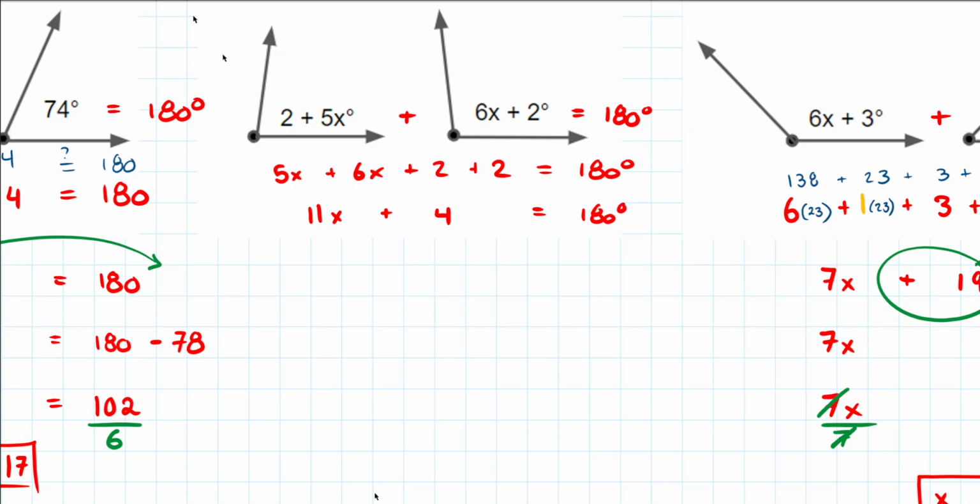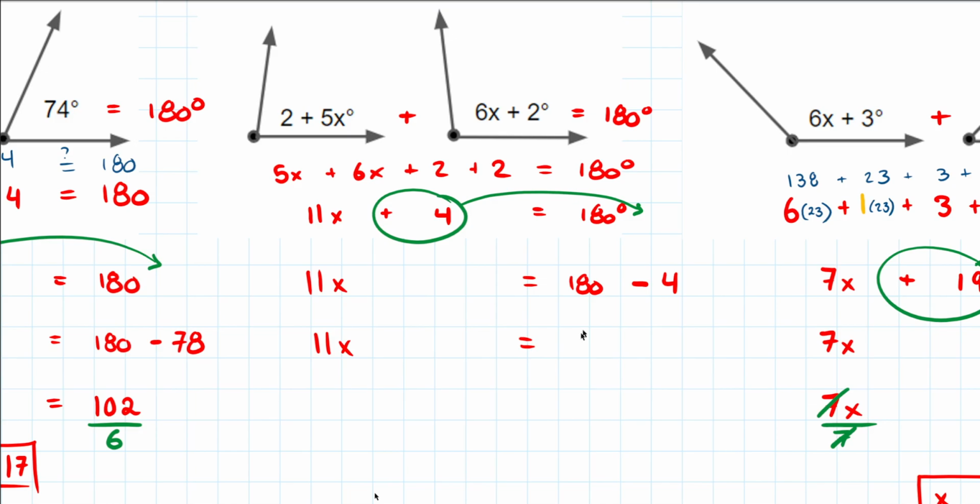I'm going to move my 4 to the other side. Please recall, as always, when moving, we just flip the sign. We keep the number the same. So 11x equals 180 minus 4, because it was positive. Now it's minus. Combine. 11x equals 180 minus 4, 176.